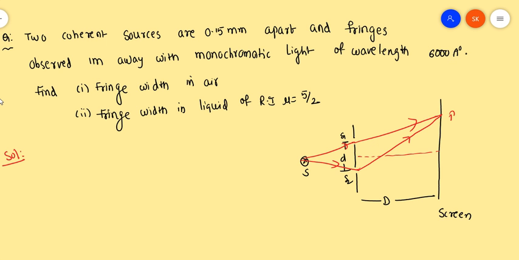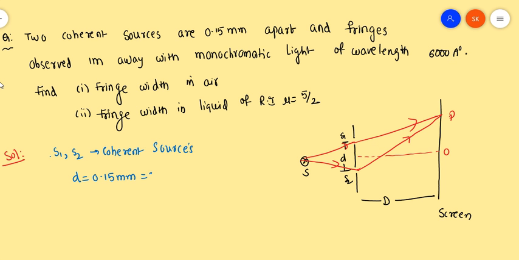And now this point is O. Let's write the given values that they gave in the question. They gave two coherent sources, S1 and S2, which are the coherent sources. The separation between the coherent sources is small d, 0.15 millimeter.